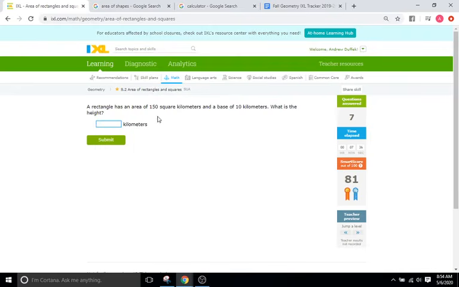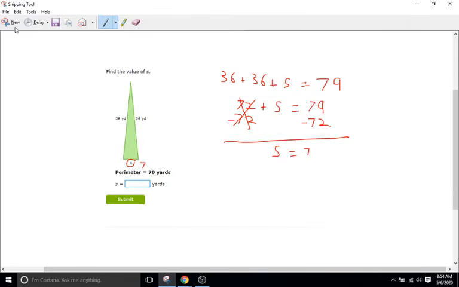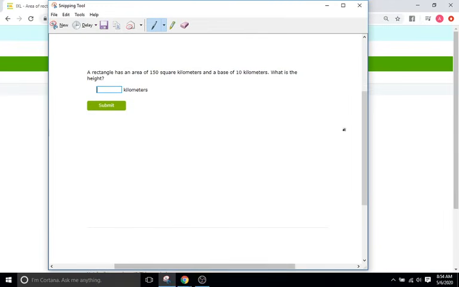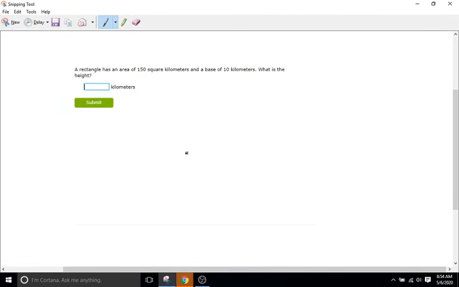A rectangle has an area of 150 square kilometers and a base of 10. So what is the height? Okay, so it might be easier for you if you draw a picture. That's totally fine. And keep in mind, I'm using a mouse, so this rectangle is not going to be ideal, but we're going to draw it anyway.